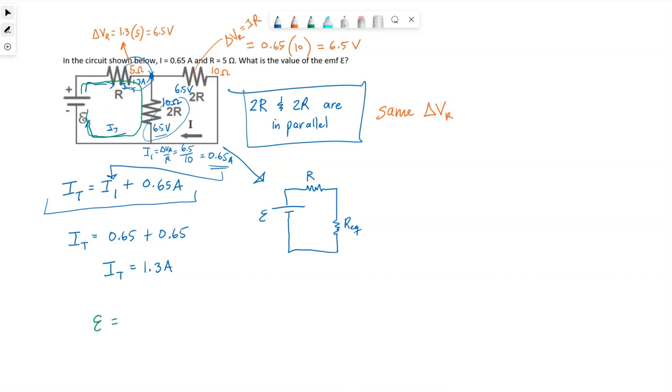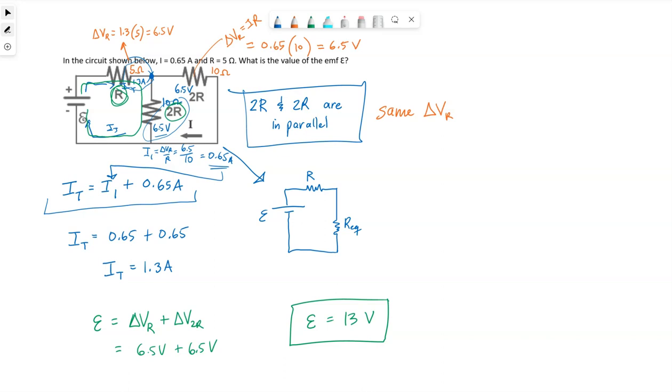The battery passes by R, so delta V of just R, and then it passes by 2R. So that battery voltage has to be 6.5 volts plus 6.5 volts. So this battery voltage is 13 volts, in order to make the current in this circuit 0.65 amps.